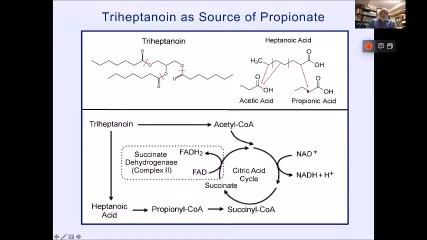So it's not clear that triheptanoin is going to work in treating CAT6A, but it is still a possibility to be looked into. This type of research is best done in an animal model where you can more easily determine exactly what is happening in the metabolism of heptanoic acid.